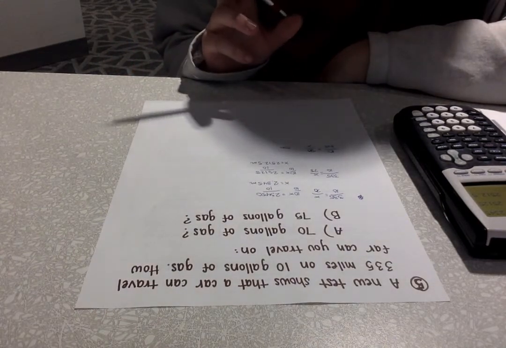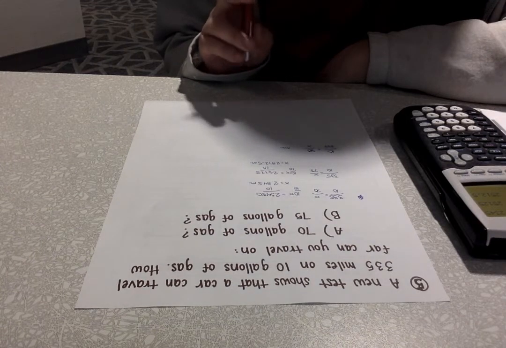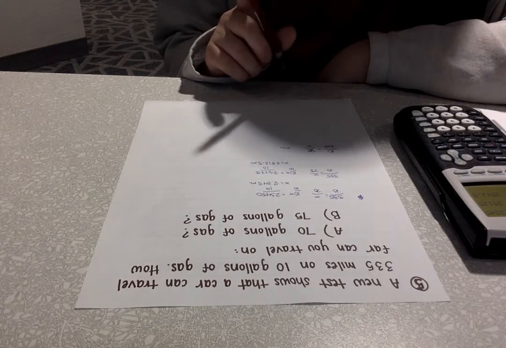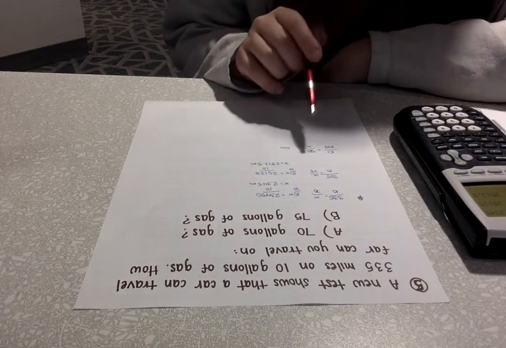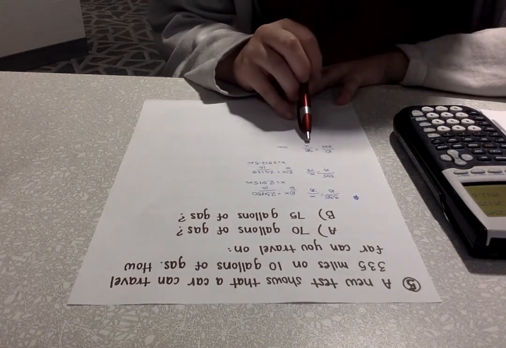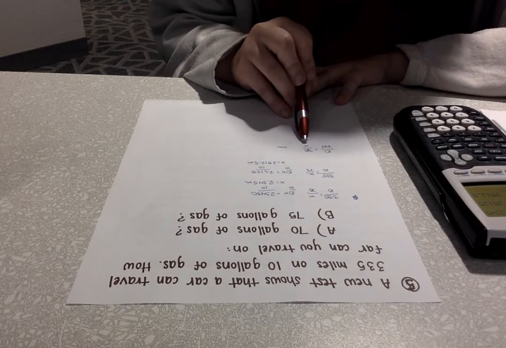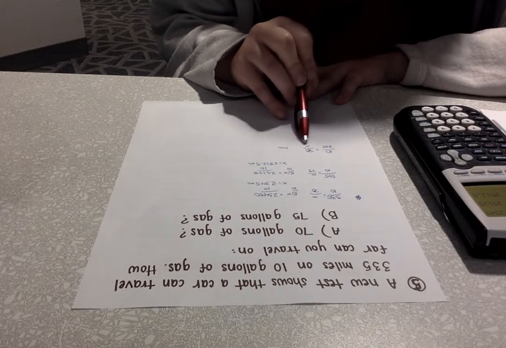Why do you think it doesn't matter? How come it works both ways? Yeah, I think it works both ways as long as you have what you're looking for next to what was already given for what you're looking for.